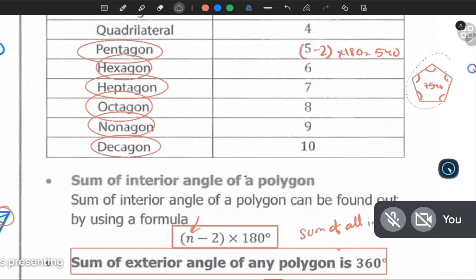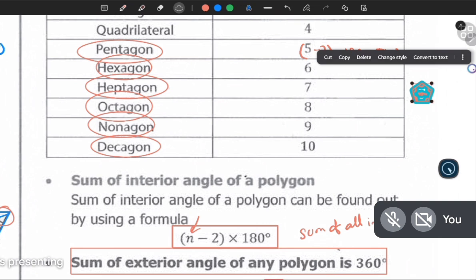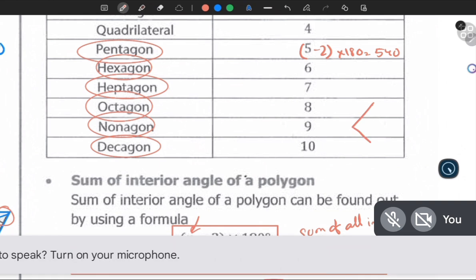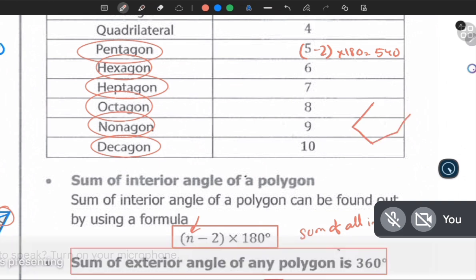So even if it looks wonky or has a different shape, it could look like any sort of pentagon. It doesn't have to be a regular pentagon for it to have 540 as the total sum of angles.